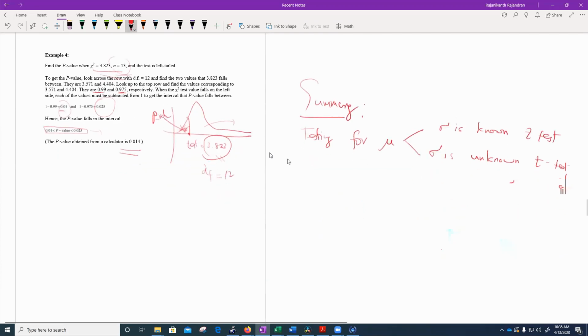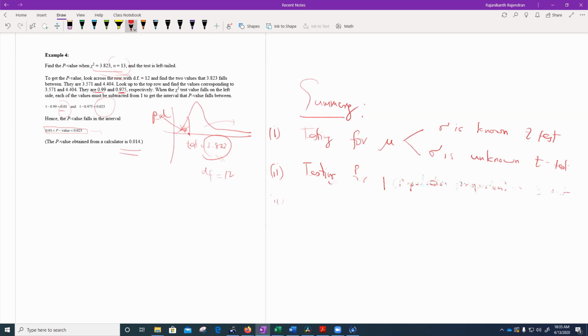So this was our first one. Then we had the hypothesis testing for the population proportion. Again, we used the z-test here.